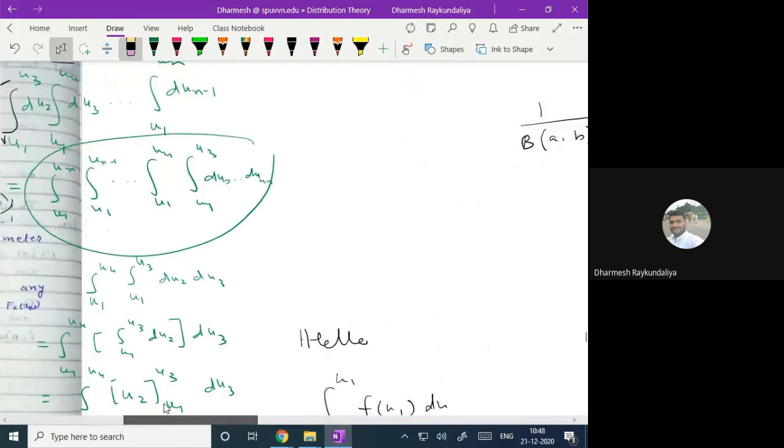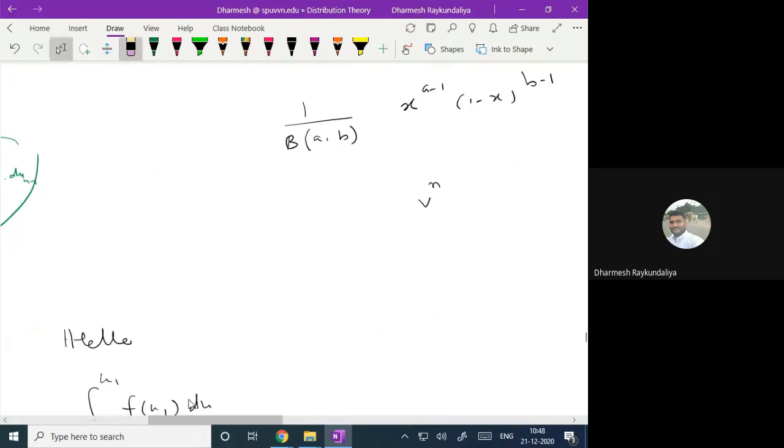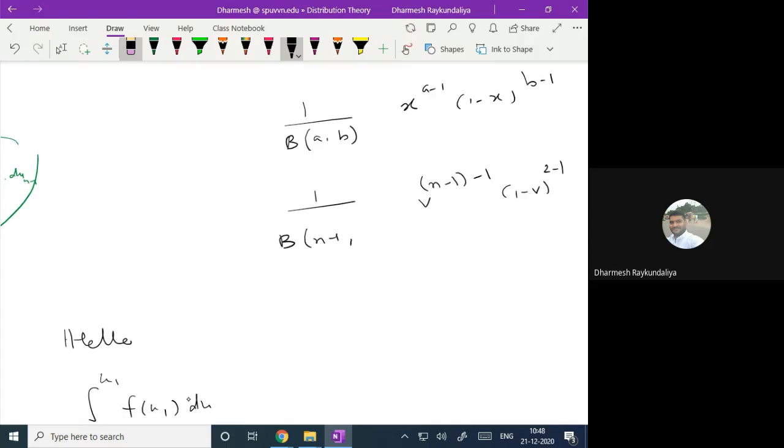So can I write it in this way? v raised to n minus 1 minus 1 and 1 minus v raised to 2 minus 1. We can write this. Okay. And here if I write beta, then what is a? a is n minus 1, and b is 2. So this is the density of the beta with n minus 1, 2.